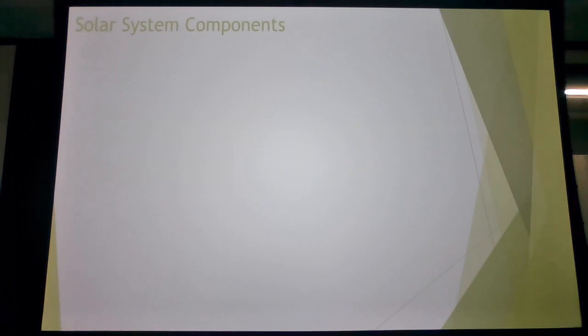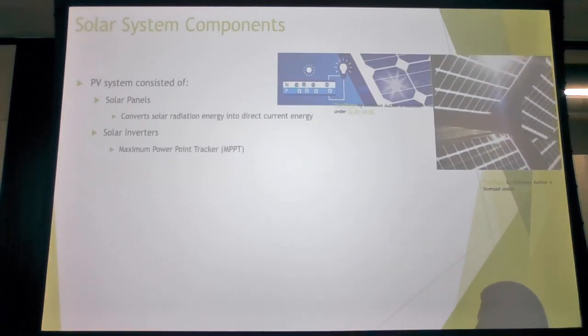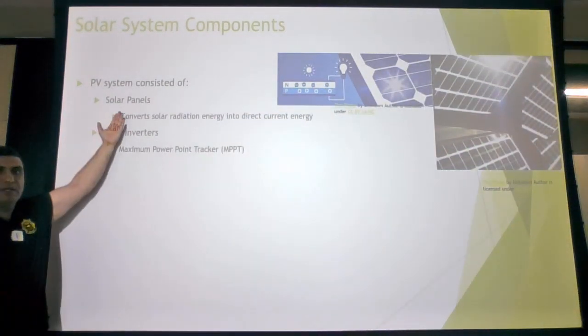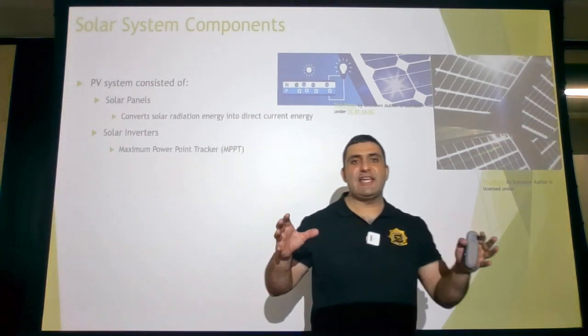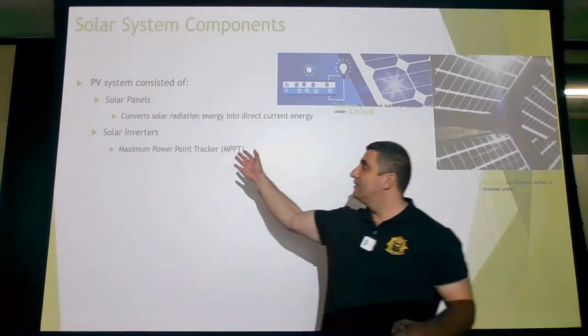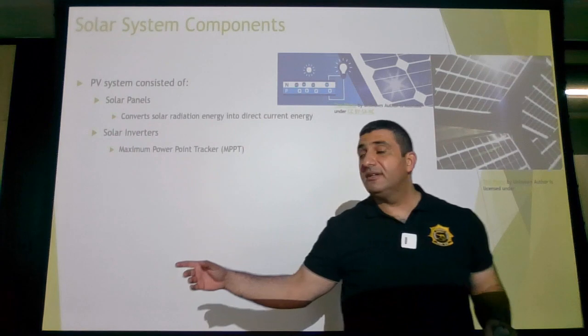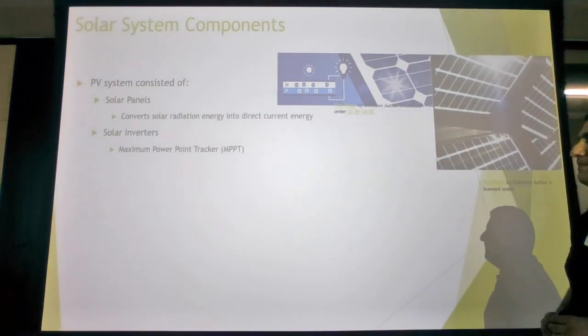For the solar system components, we discussed all these items in previous videos: how to design them and how to choose the equipment. Number one is your solar panels. The role of the photovoltaic system is to convert the solar radiation into direct current, DC power.